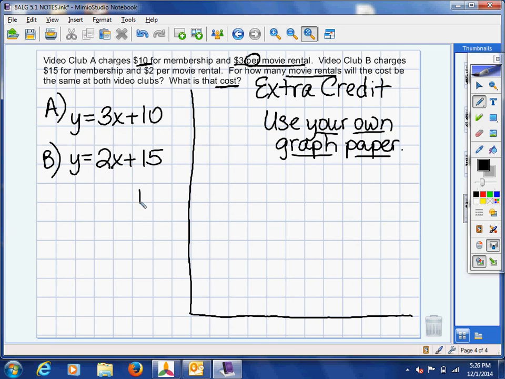Remember, this is going to be total cost here on the y-axis, so you need to label it as such, and go by ones. Okay, I don't have enough room to actually finish this problem, but I'm hoping on your graph paper you can set it up and finish it. And then these are going to be number of movies rented on your x-axis, and go by ones on that as well.